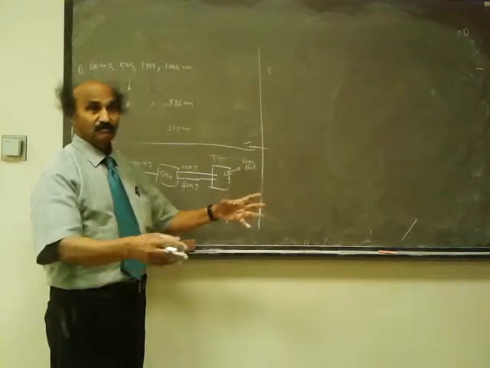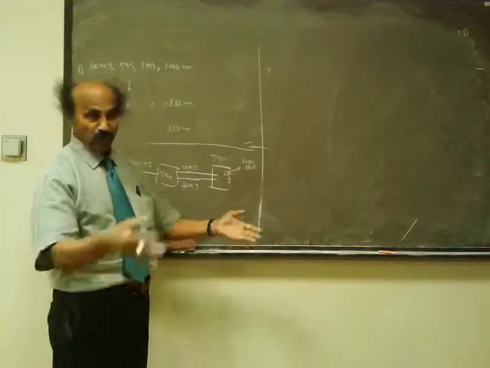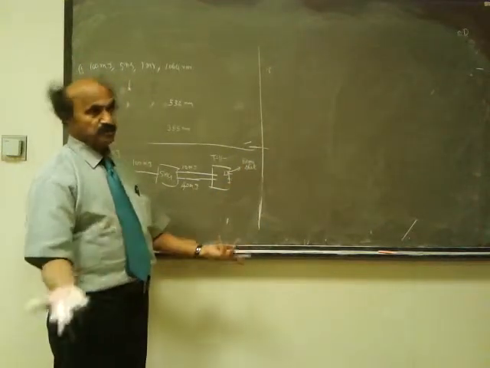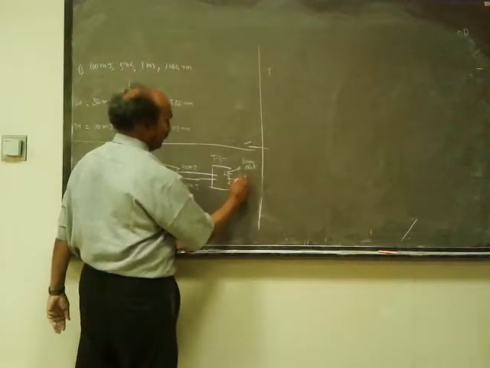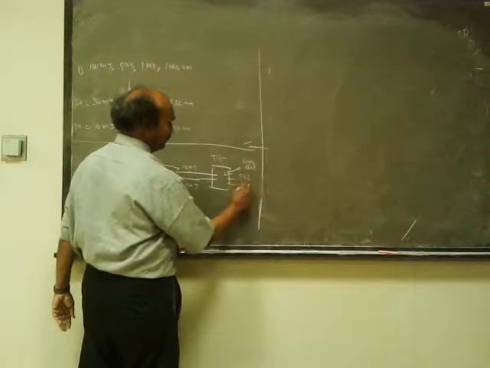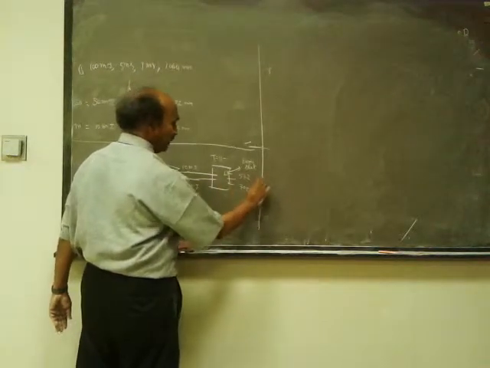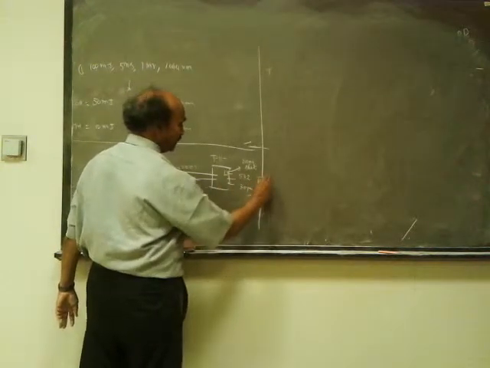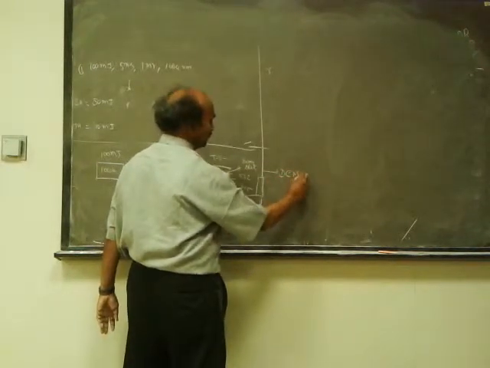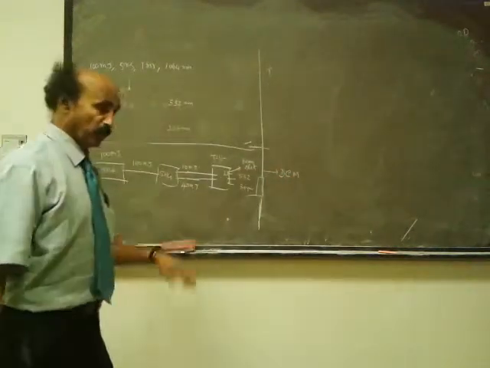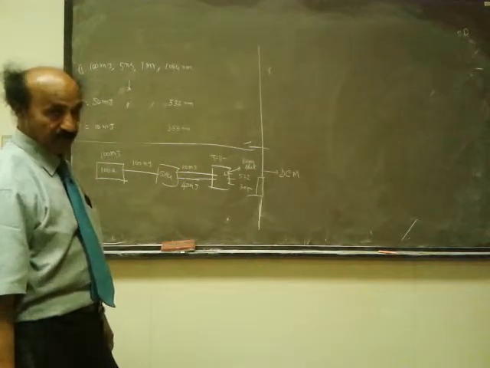It is a nuisance for me, I cannot use it. Then I have 532 and 355, right? I can put a dichroic mirror, DCM. Tomorrow you are going to explain what it is.